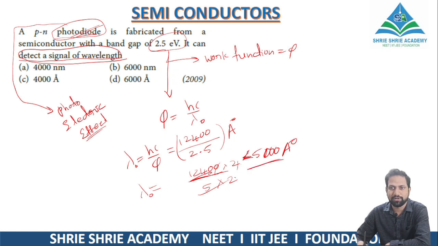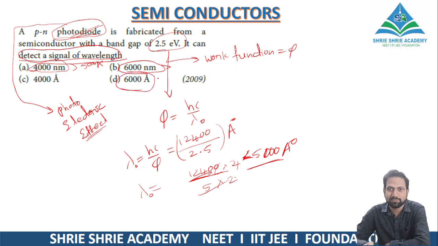But what is the property of the threshold? What is the meaning of the threshold wavelength? The maximum wavelength that can be detected. So the maximum wavelength is 5,000 angstroms. Then 4,000 nanometers, the first option, is greater than 5,000 angstroms. 6,000 nanometers is also greater than 5,000 angstroms. 6,000 angstroms is also greater than 5,000 angstroms. 4,000 angstroms is less than 5,000 angstroms.